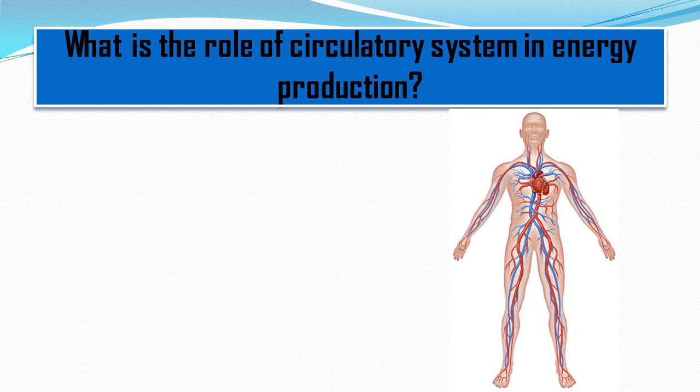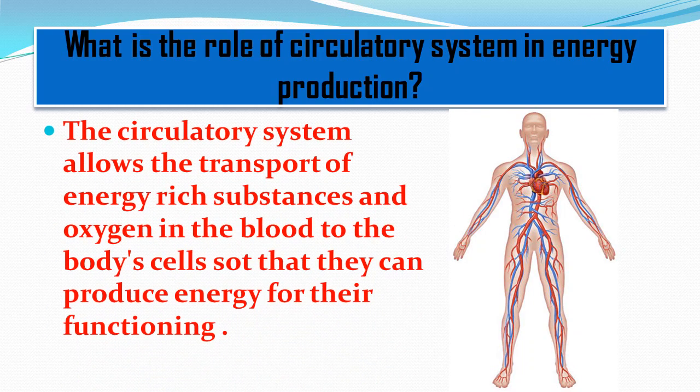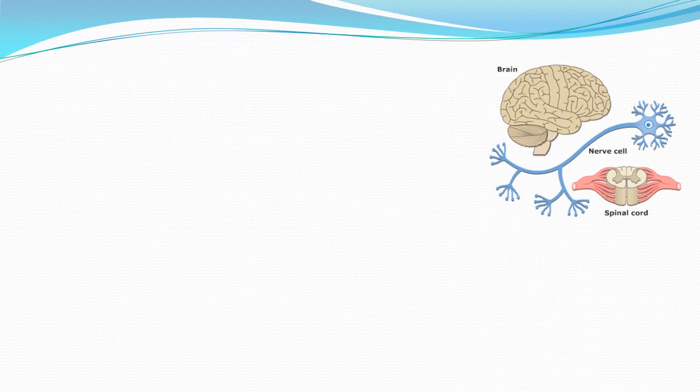They supply blood and essential nutrients to our body. The circulatory system allows the transport of energy-rich substances and oxygen in the blood to the body cells so that they can produce energy for their proper functioning.